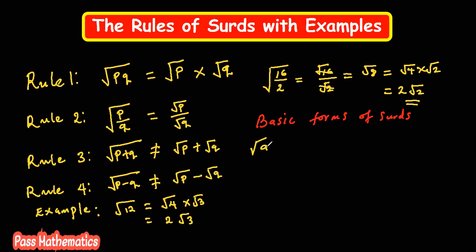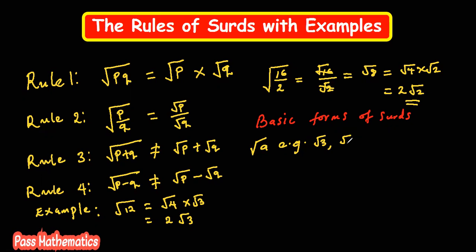Let me just give an example so that you can have a better understanding. Roots in their basic form. Example, if we have root 3, this root cannot be broken down into two factors where one factor will have a perfect square root. So we say that root 3 is in its basic form.